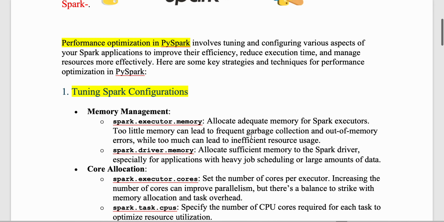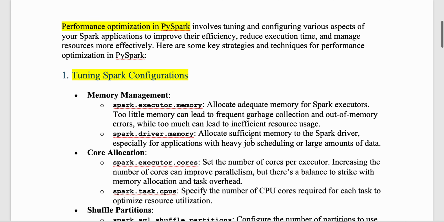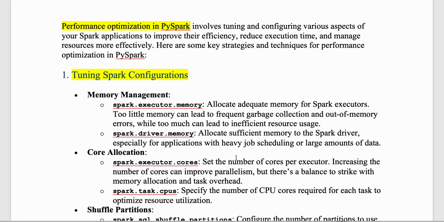Then core allocation: the number of cores per executor. In one executor, how many cores you are assigning, 2 cores, 4 cores, something like that. Increasing the number of cores can improve parallelism.